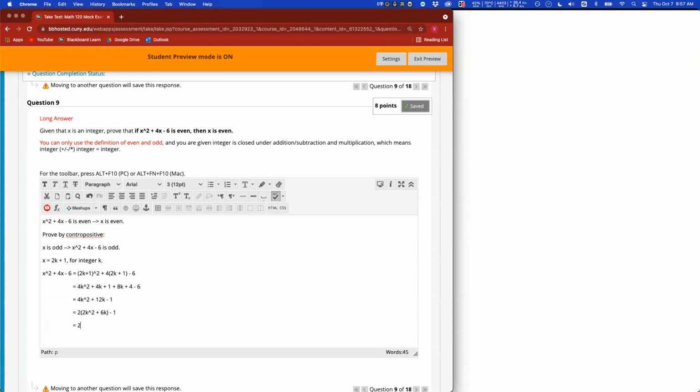Or you can do 2 times (2k squared plus 6k minus 1) plus 1. They are the same. So either way, you show that it's odd. And this is how you finish the proof. Any questions here?